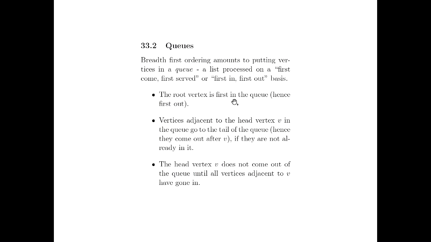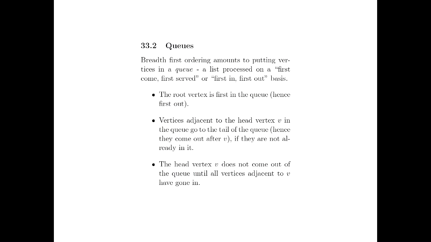So first we're going to put our root vertex in at the head of our queue, and then we're going to progressively add things that are next to our root vertex to our queue, and then we're going to use our queue as the order in which we keep exploring.